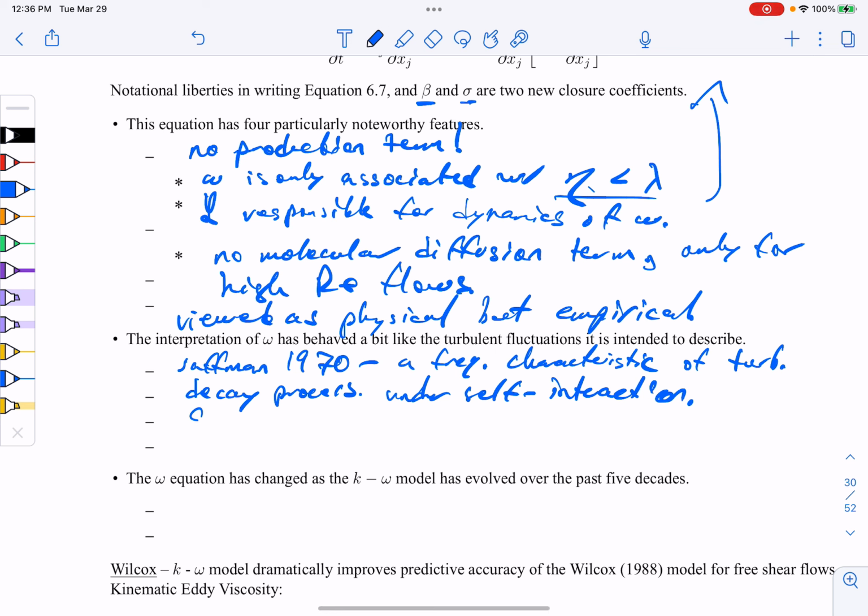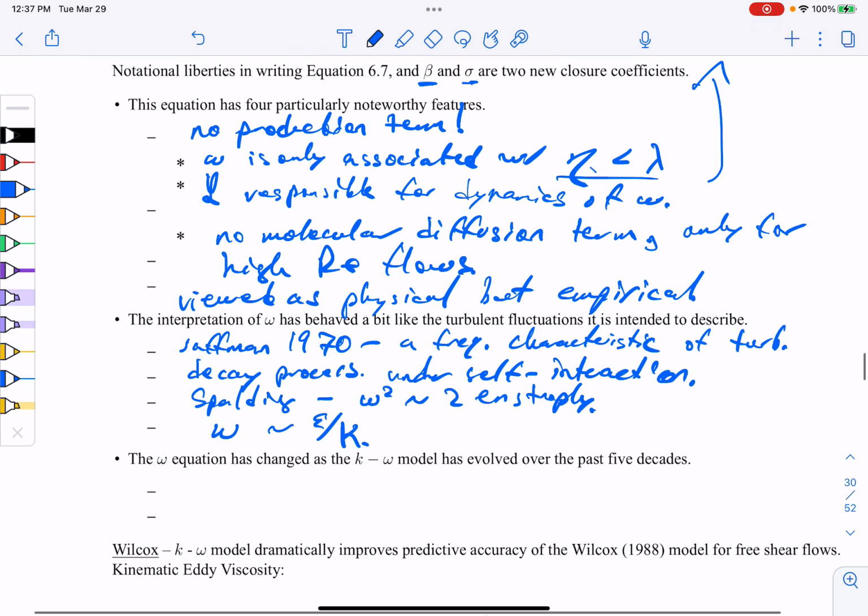Other people like Spalding, who also is a turbulence modeler, wrote that omega squared goes as twice the enstrophy. And another one is that Wilcox himself would say omega goes as the ratio of epsilon to k, which is dimensionally correct too.